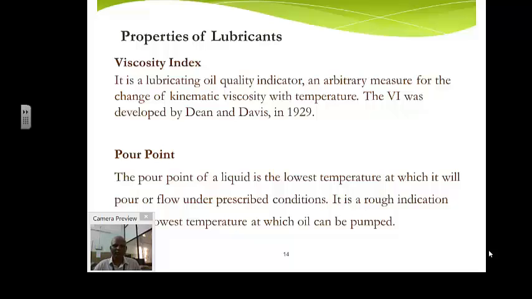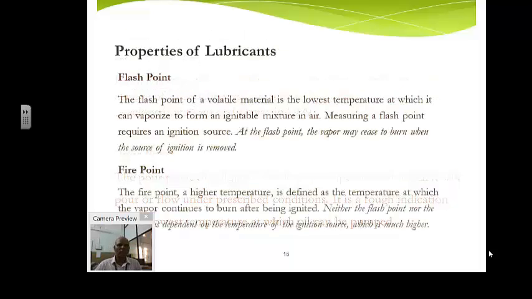So the pour point has to be very low, and it ensures that the lubricant flows at a lower temperature. There are other parameters like flash point and fire point, which are related to the ignitable mixture which forms with the lubricant.